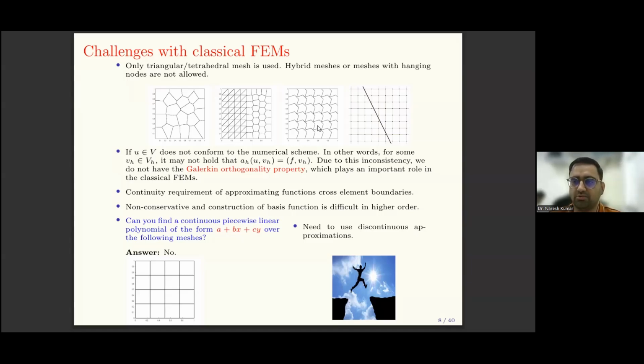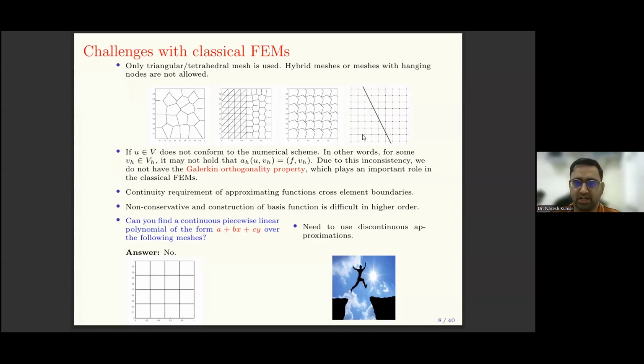Non-convex, this is a non-convex domain mesh, which is also not allowed. And this is an example of hanging nodes. A hanging node arises when an edge is discretized by intermediate vertices from other elements.